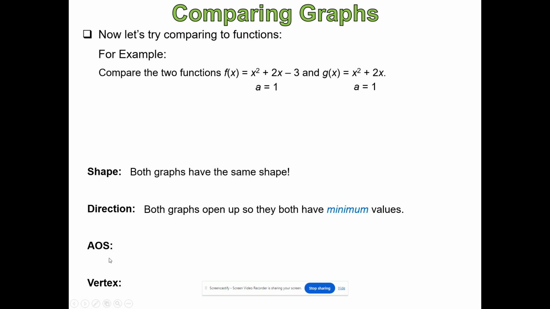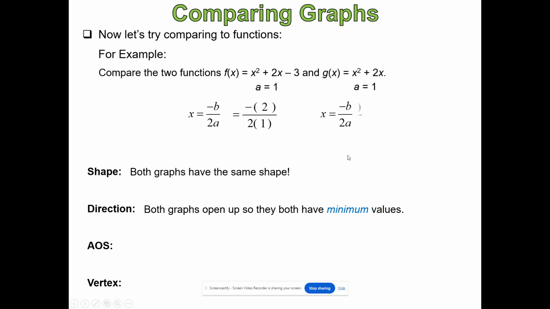So to find the AOS, remember that's the x value of the vertex. To do that, we need to find the x value of the vertex. Okay, so if I plug these in, I get negative b, b is 2, over 2a, a is 1. Now wait a minute here. So the a and the b values on both of these are exactly the same.